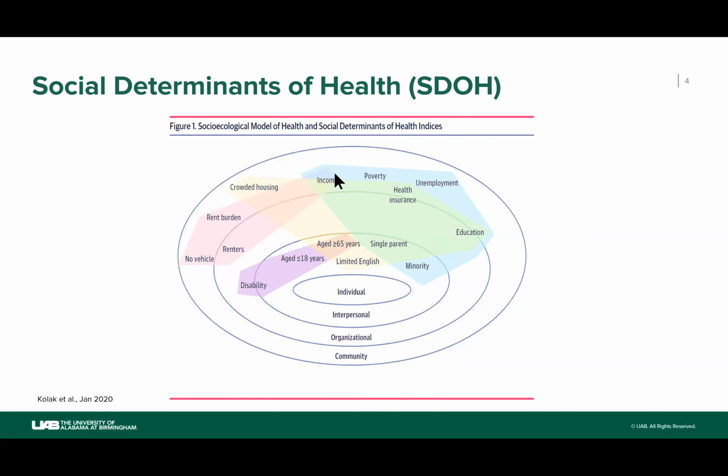And these mostly fell in the outermost sphere, which tries to get into the context, meaning the neighborhood, while they're also having an impact at an individual level.